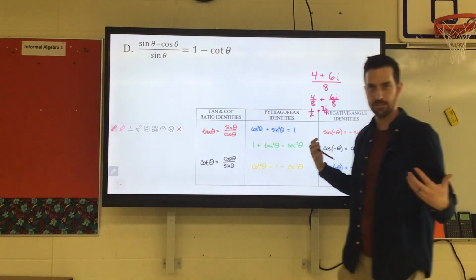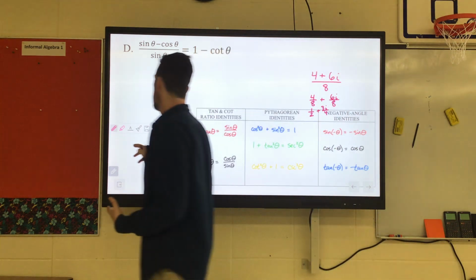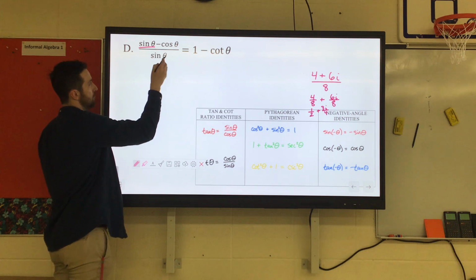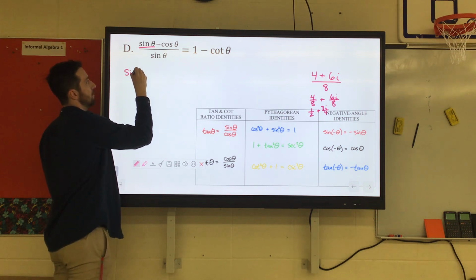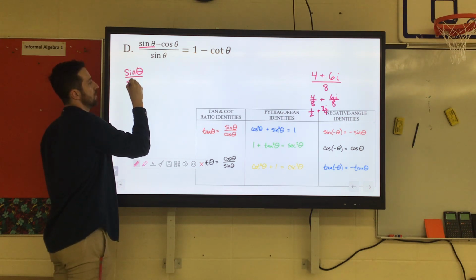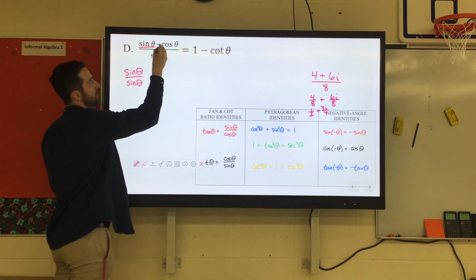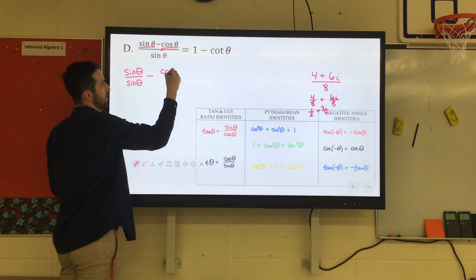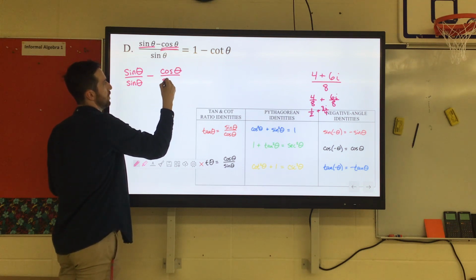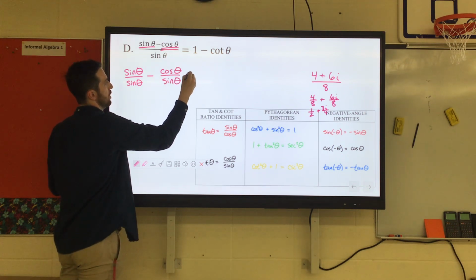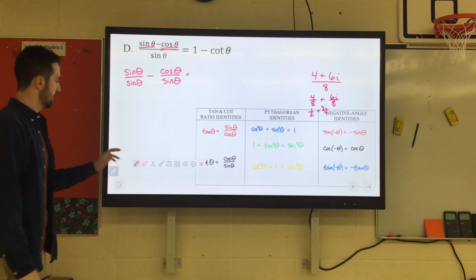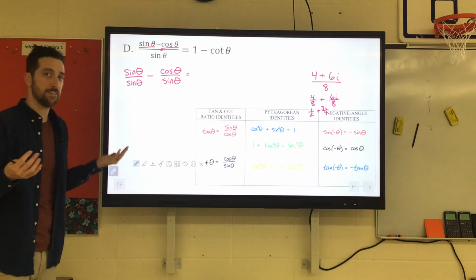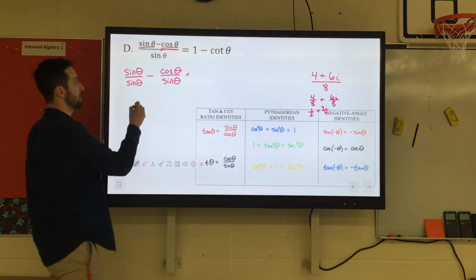We could split this into two different fractions, both with the denominator of sine. So we could say sine over sine minus, and then cosine over sine. All right. Now, sine of theta over sine of theta is just 1. Just like if it was 6 over 6, that would be 1.